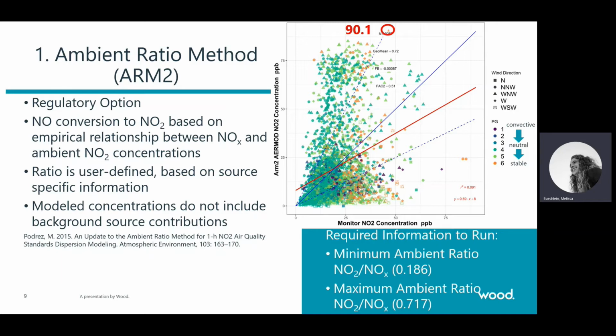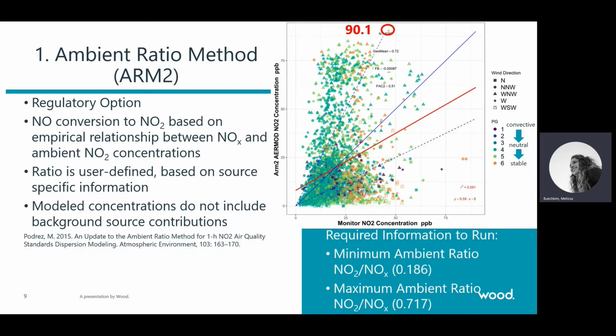The results from this method are shown on the right with a scatter plot. In this scatter plot, each model output was paired in space and time with the monitor NO2 measured concentration. The color depicts the PG stability class, where the cooler colors are more convective and the warmer colors are more stable. The wind directions are shown by shape. The blue solid line is the 1-to-1 line, while the dotted blue line represents the factor of 2 comparison.